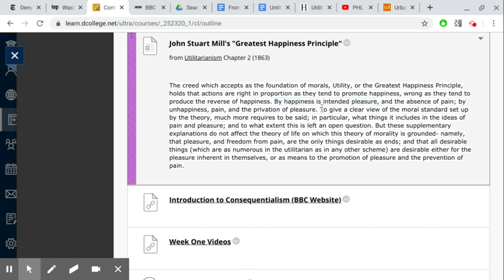He goes on to say, to give a clear view of the moral standards set up by the theory, much more requires to be said, in particular what things it includes in the ideas of pain and pleasure, and to what extent this is left an open question.